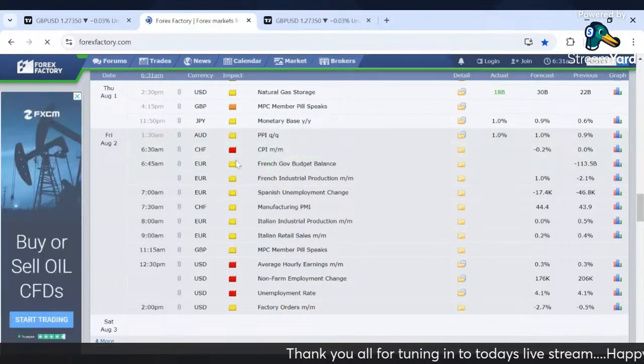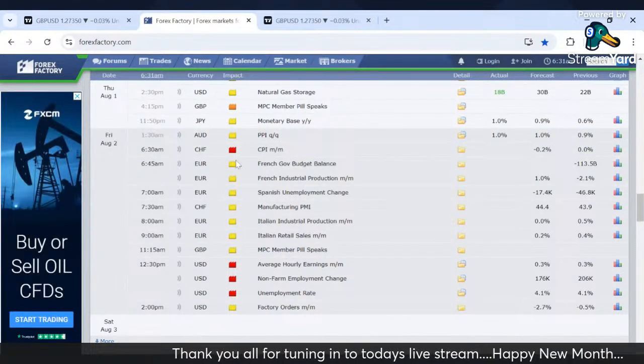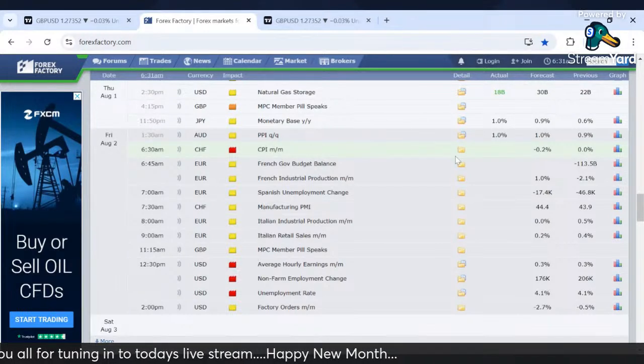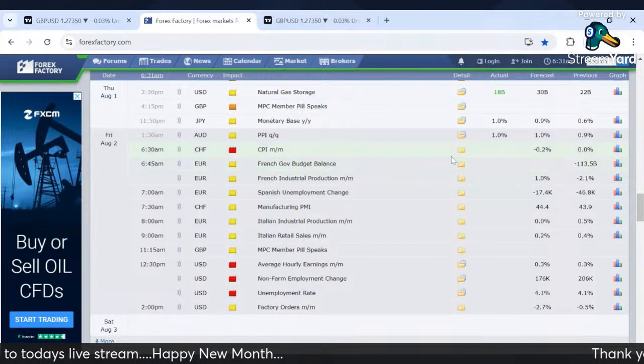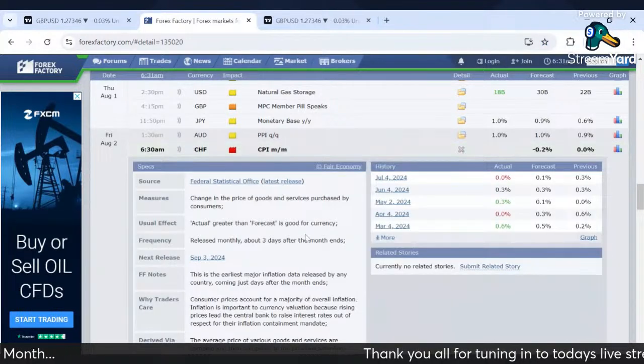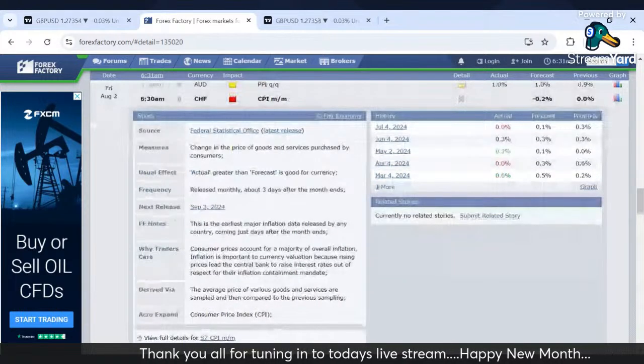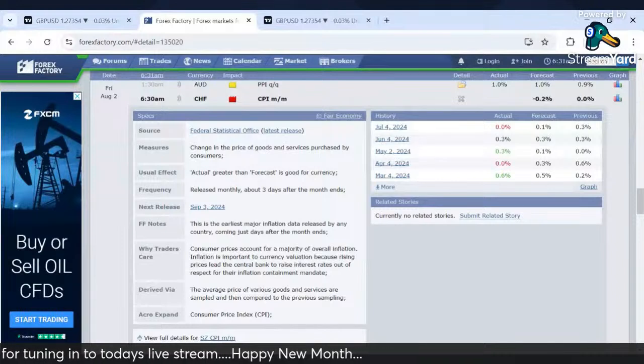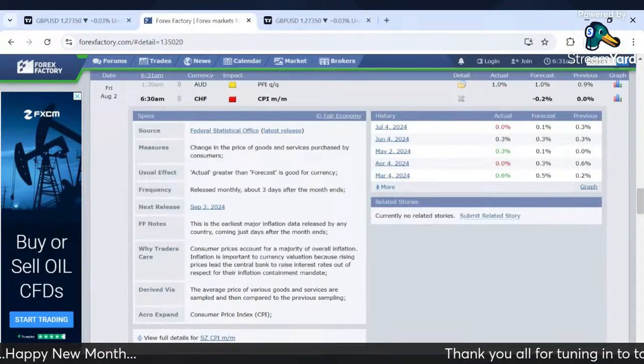One thing the central bank of Switzerland is going to do is hike their interest rates. When interest rates rise, it is good for the economy because more people are going to get higher returns on their investments. You get it?